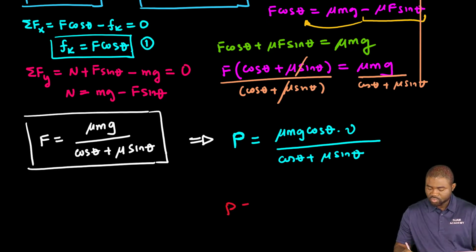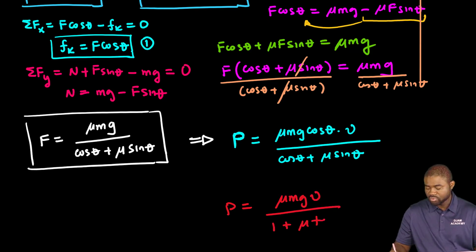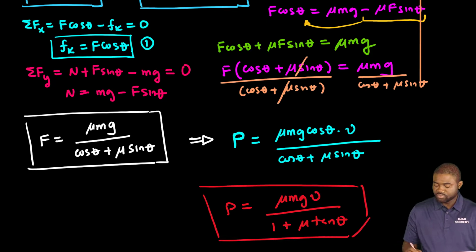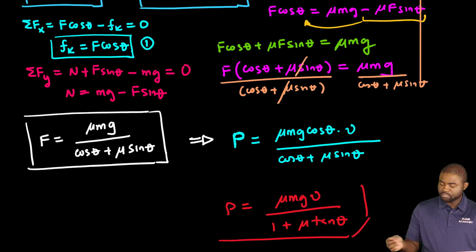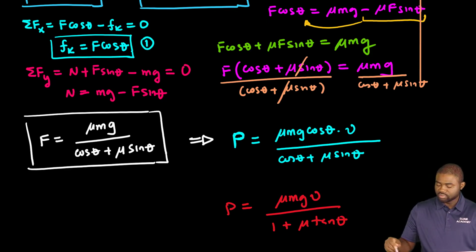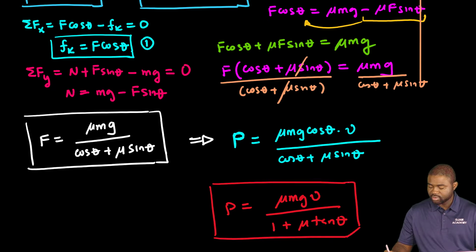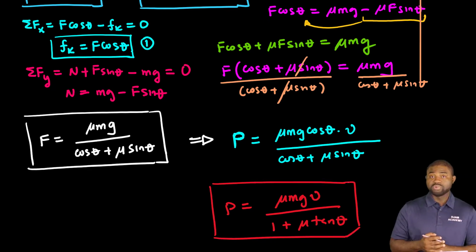P will be equal to mu mgv divided by 1 plus mu tangent of theta. Right here, my friends, this represents the power delivered by the force F on the block.